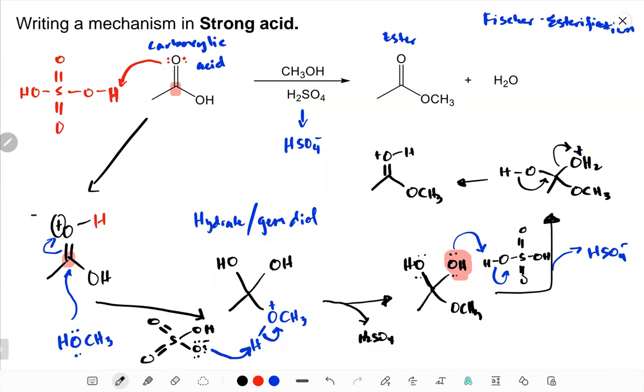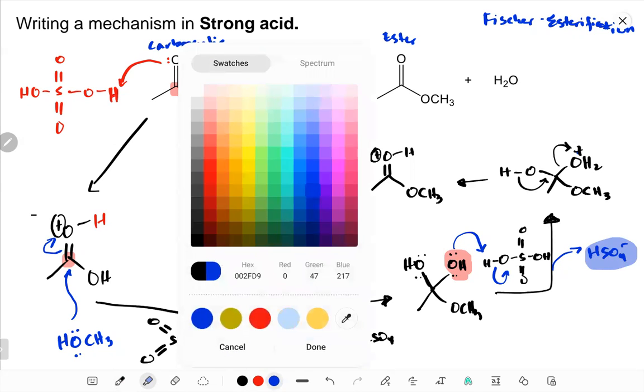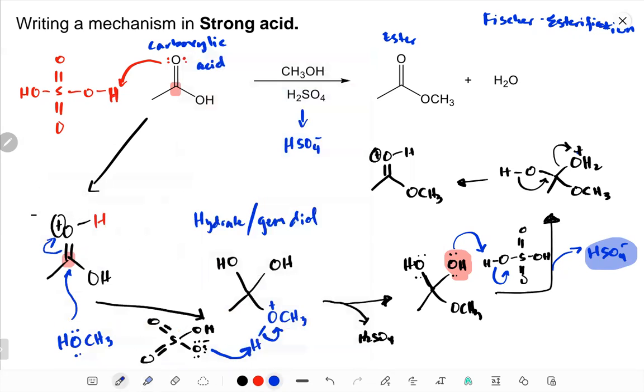This one is positively charged, this is electron deficient oxygen. This H, remember that we have generated a bisulfate base here. So this bisulfate will tend to abstract this proton. Okay, the mechanism would look like this and this.